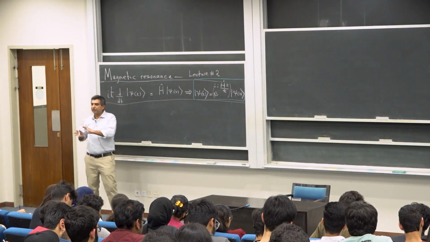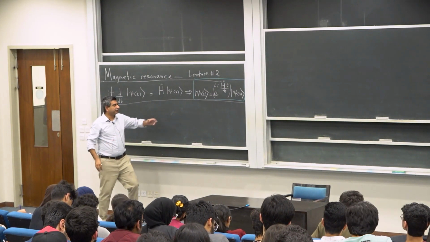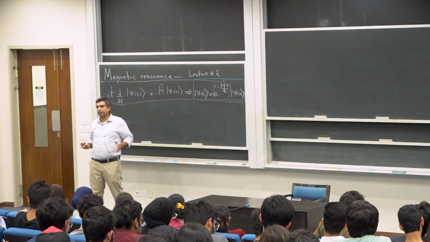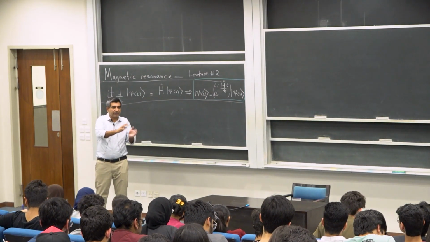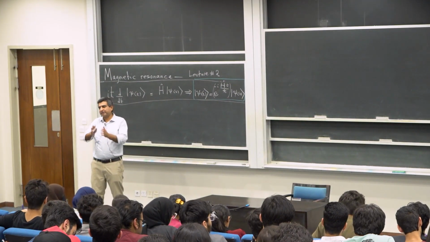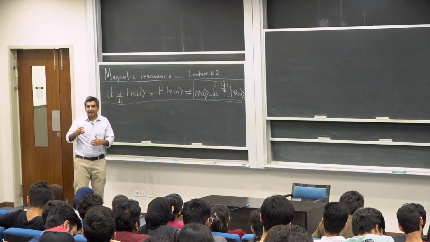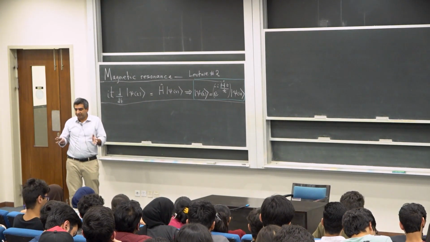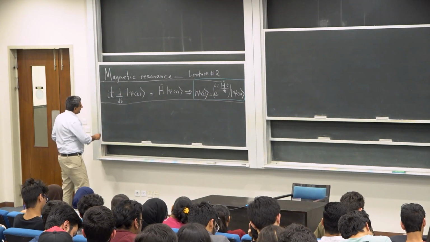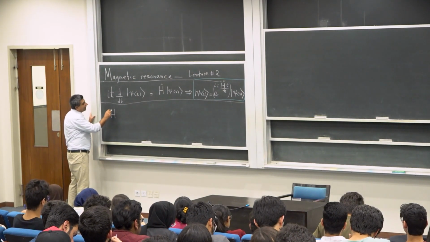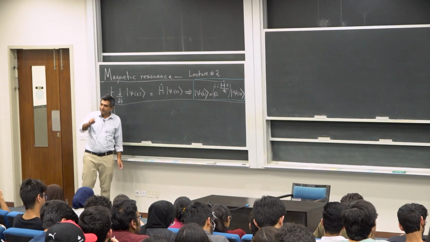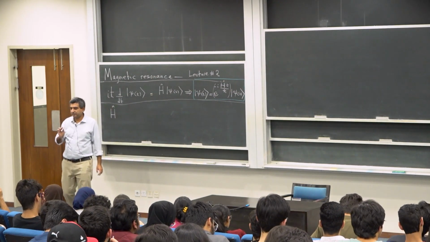Now, if you want to see how a quantum state changes with time, we need to find out the Hamiltonian. And we are looking at one specific problem: a proton inside a magnetic field. The proton is a spin, it's a tiny magnet, and its energy changes when it's placed inside a magnetic field due to the Zeeman effect. We were able to write down the following Hamiltonian for a proton inside a magnetic field pointing in the z direction.